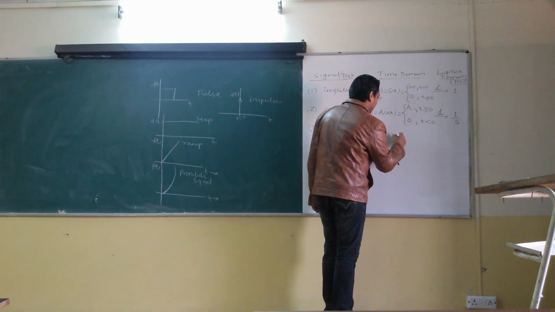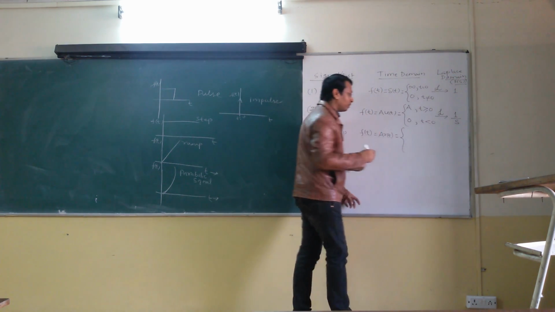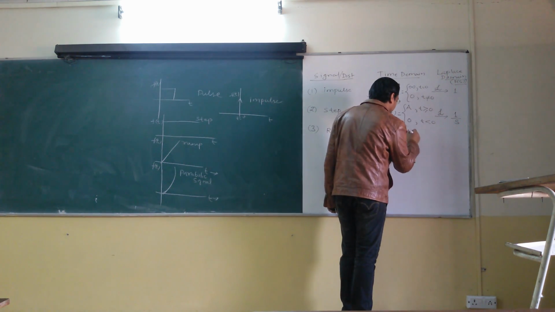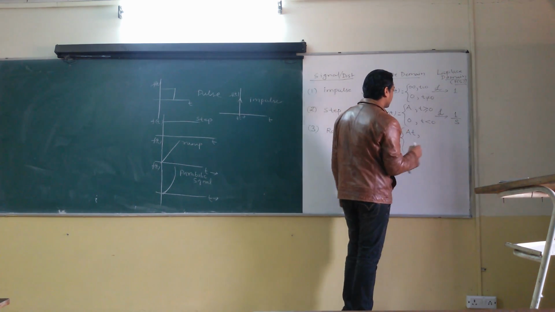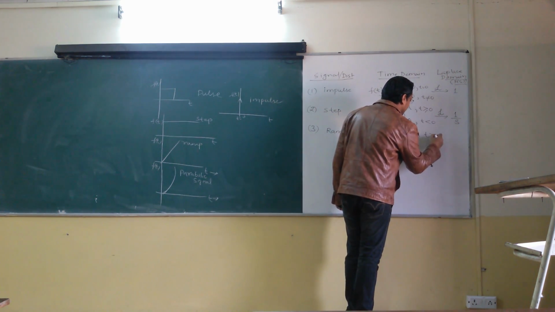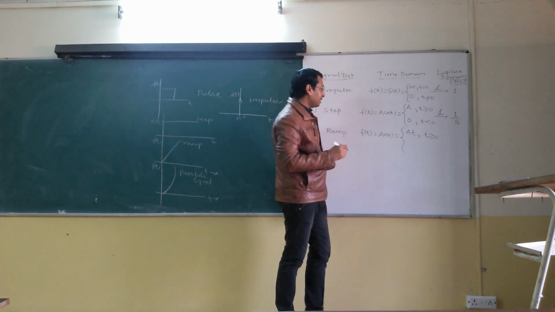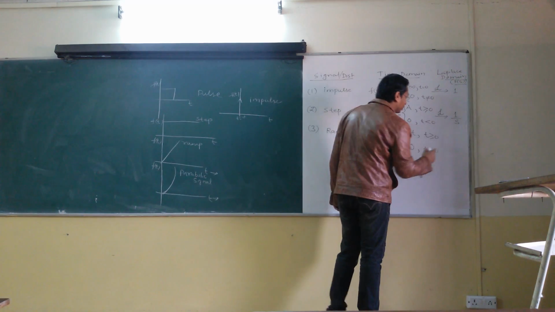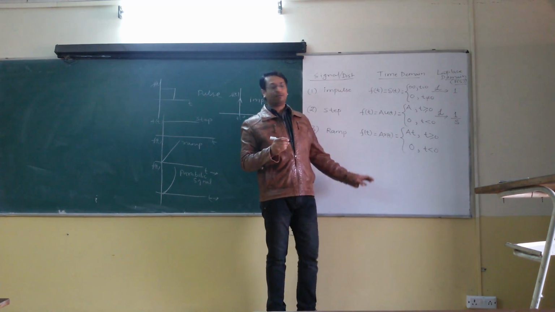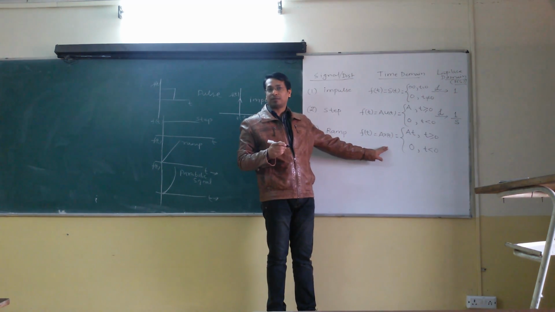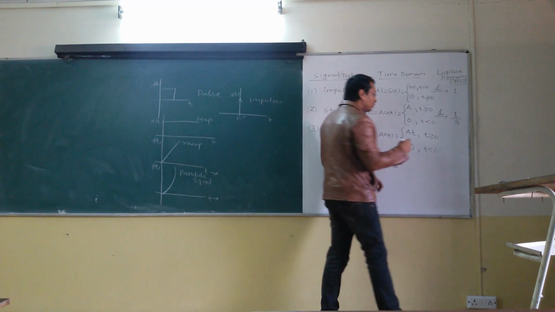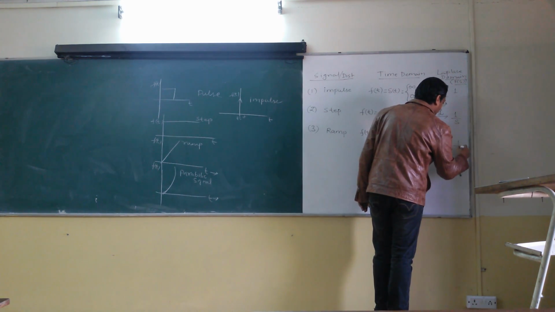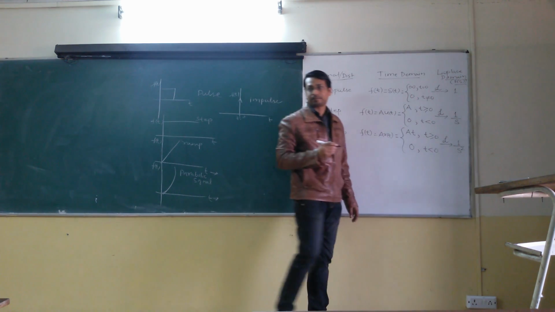So A multiplied by r(t), we are going to define in the time domain: it will be equal to A multiplied by t when t is greater than or equal to 0, and 0 when t is less than 0. And if you take the Laplace transform of this disturbance, you will get 1 upon s square.